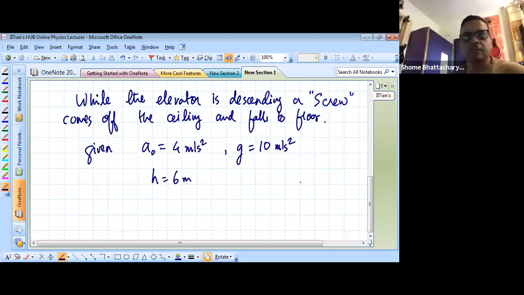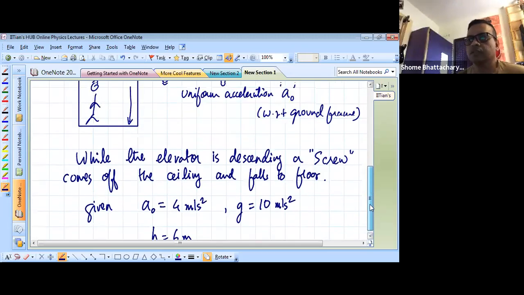I told you it's a pretty tall elevator. It is something like a freight elevator, so the height is unusually tall, something like 18 feet, it is almost 6 meters. Right?